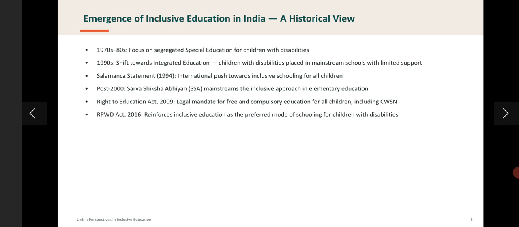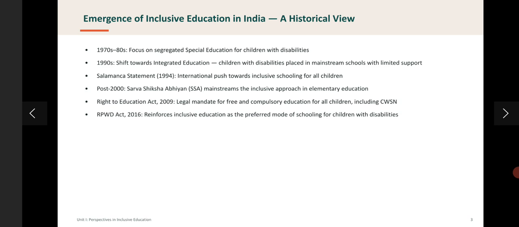Since independence, from 1947, special education has had some special attention, but the much greater attention, with a segregated focus, was during the 70s to 80s.